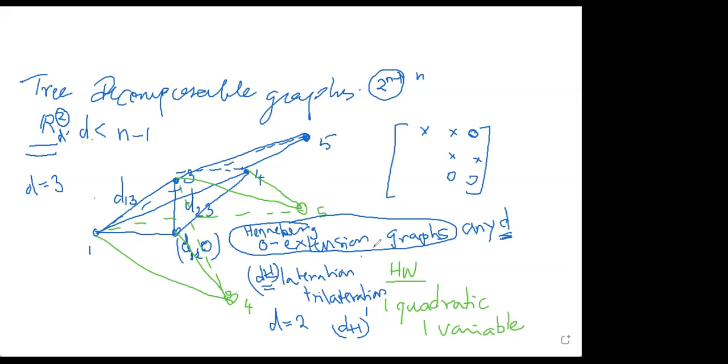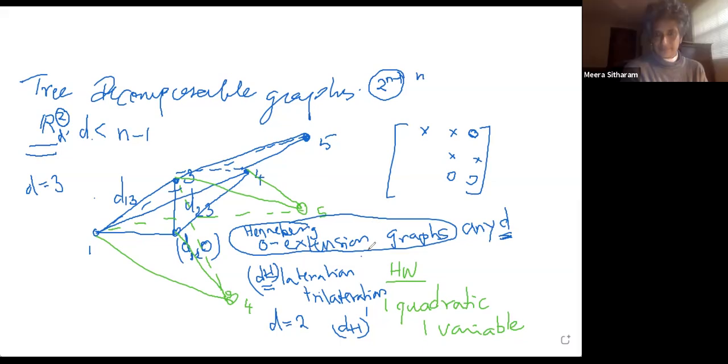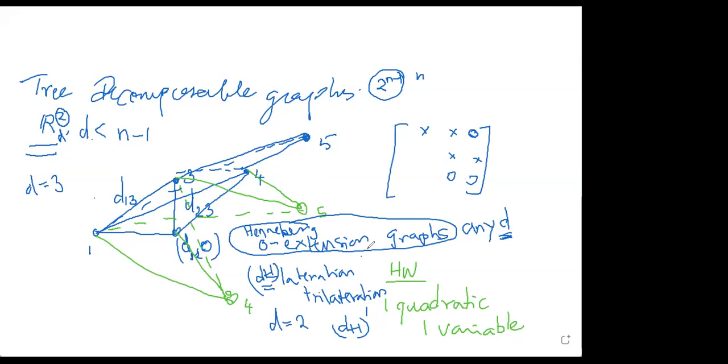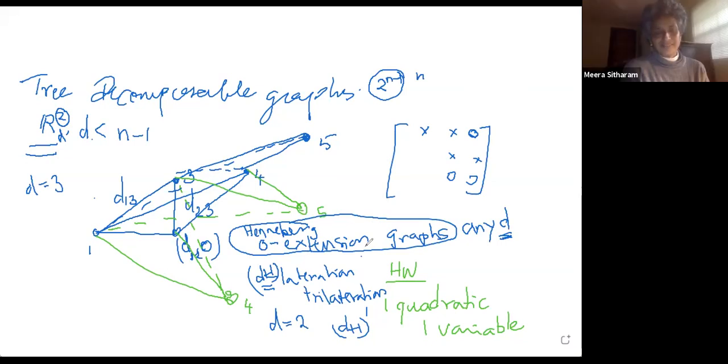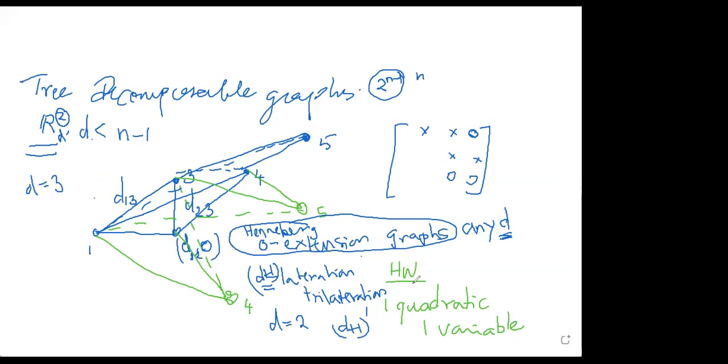Can I ask another question? Yeah. For D equals 3, intersecting 3 spheres, can that also be reduced to 1 quadratic and 1 variable? That's a very good question. I don't think so. It'll be 2 quadratics and 2 variables. Okay, thank you.